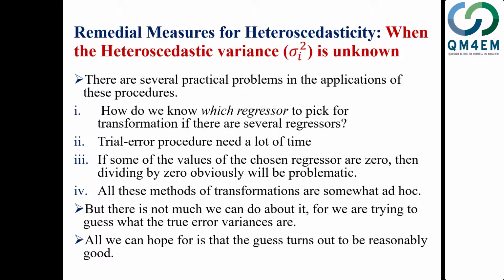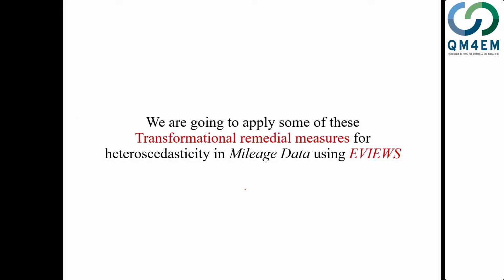Despite all these facts, we can hope that the guess which we use turns out to be reasonably good and solves the problem of heteroscedasticity. Obviously, it was all hardcore theory, and it wouldn't be sufficient to understand these whole concepts and grasp the ideas.